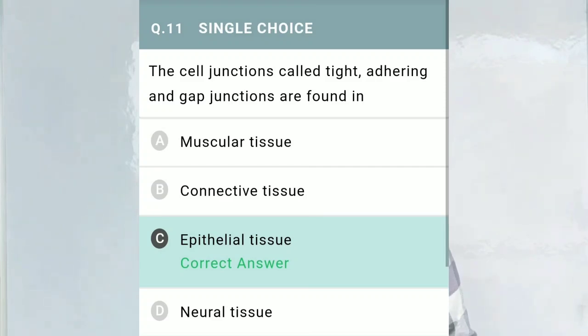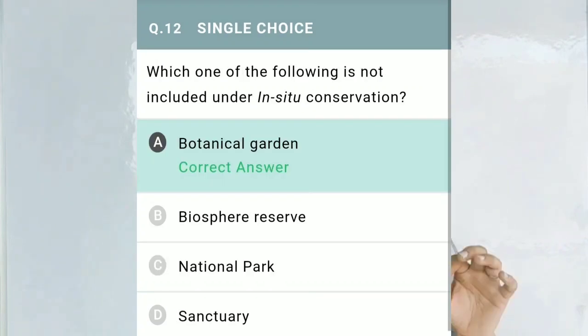Question number 12. Which one of the following is not included under in-situ conservation?